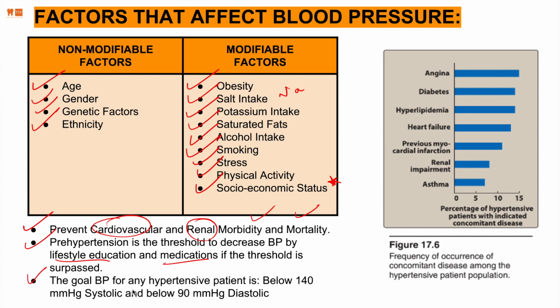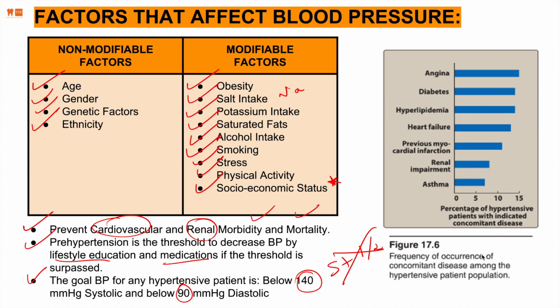The goal of blood pressure for any hypertensive patients in medical is below 140 systolic and below 90 in diastolic. So they will remain, say, in elevated or pre-hypertension, but they will never have stage 1 or 2 hypertension, considering we take care of all of these factors above.